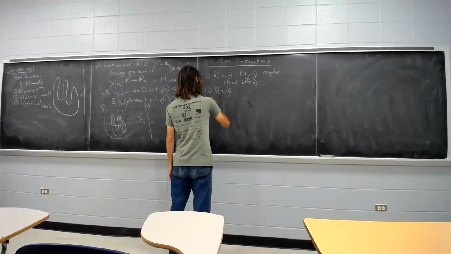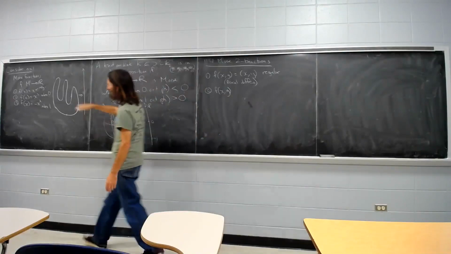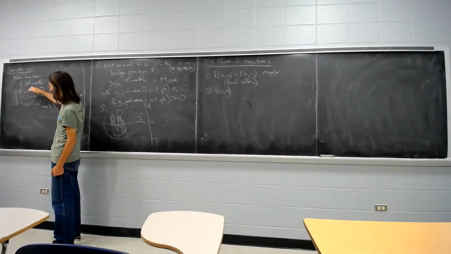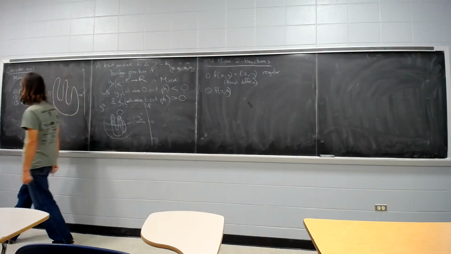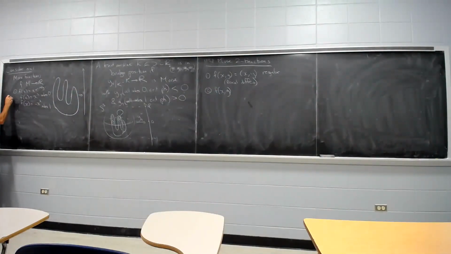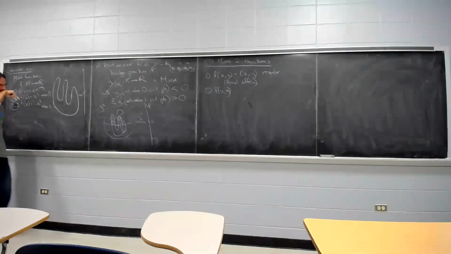Let me remember my definition of Morse. I had only 2 conditions, plus or minus, and now I split the plus or minus into 2 cases. Maybe I should have called this 2.1 and 2.2, because now I have to say cases.